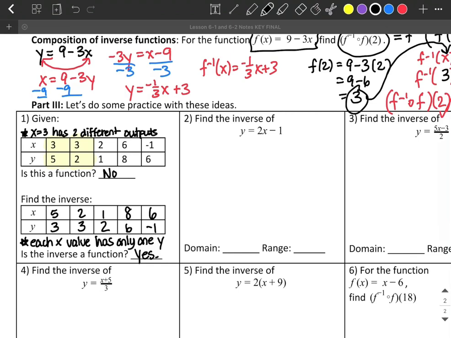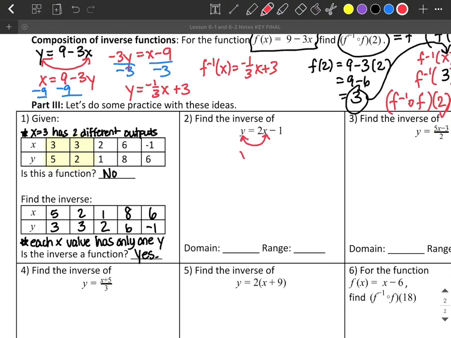This tells me that sometimes even if you start with a function and the inverse is the same shape, that inverse might not be a function as well. For number 2, I want to find the inverse of y is equal to 2x minus 1. The first thing I'm going to do is solve this algebraically. I'm going to switch the x and y.